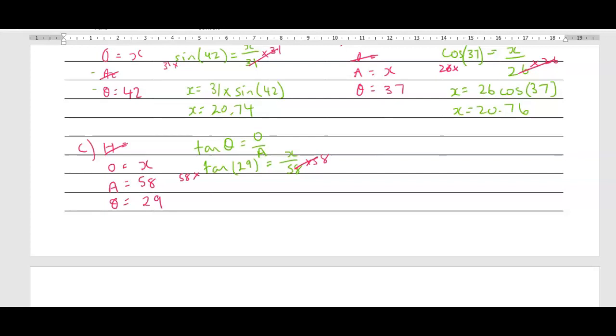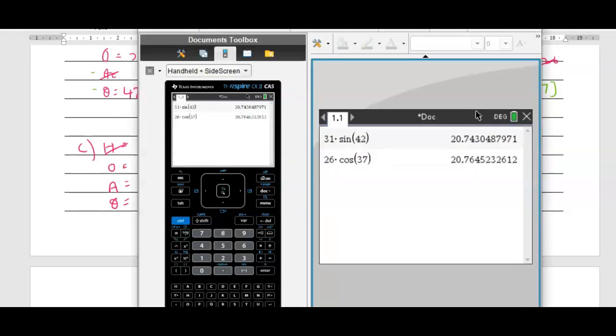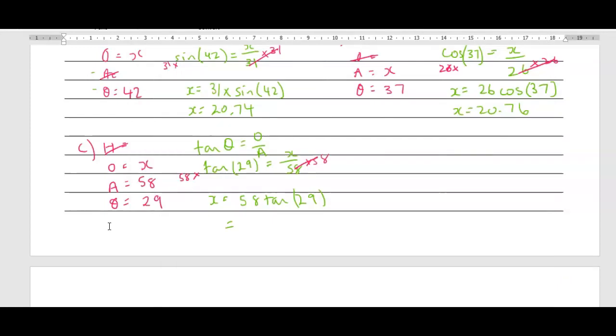So that goes, and we're left with x equals 58 tan 29. And we just put that into the calculator. So 2 decimal places, so that's going to be 32.15.